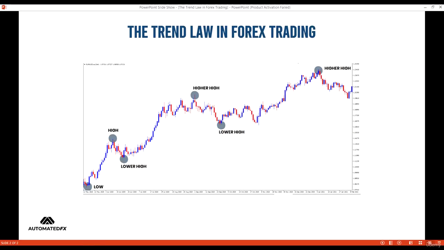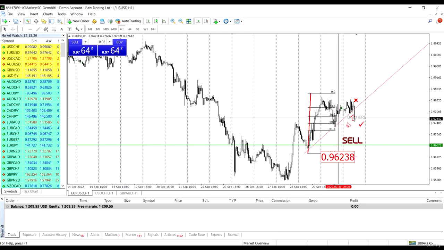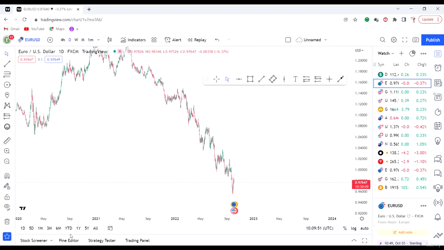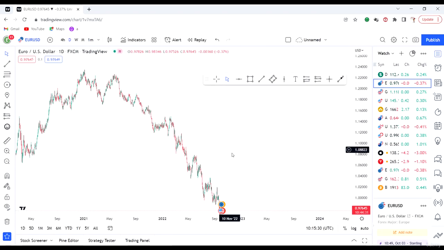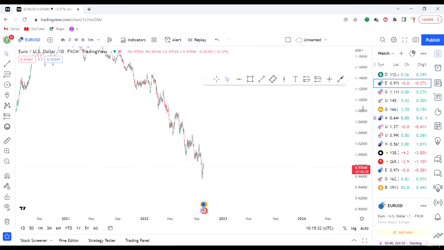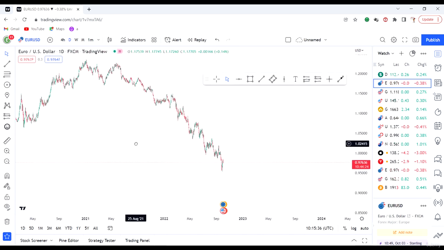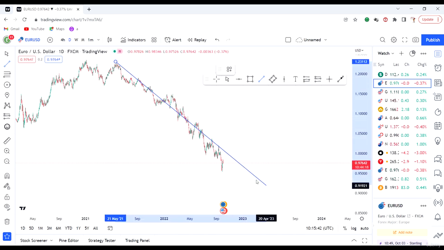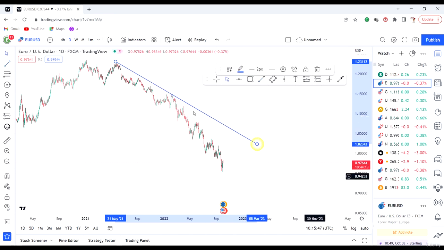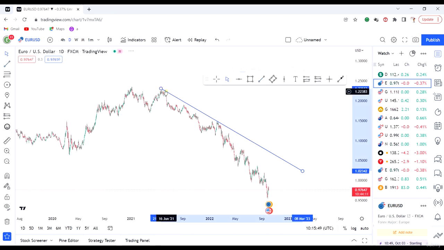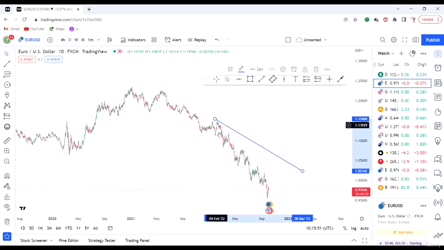Okay, so let's just check TradingView now. Remember we identified a downtrend movement on the dailies in EUR/USD when looking at the TradingView platform. Now let's just draw a trend line. If you want to draw a trend line, you have to draw from one high point.